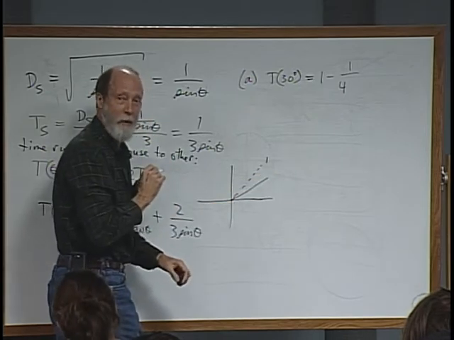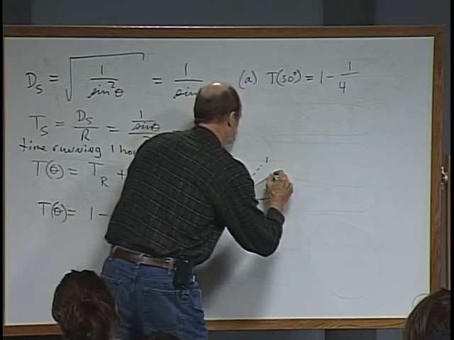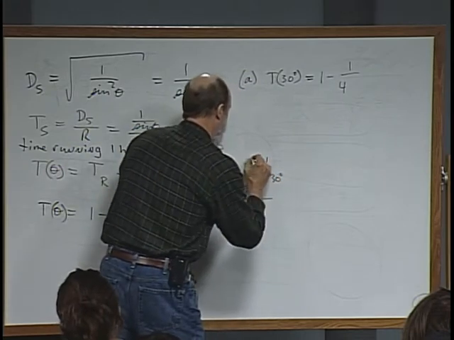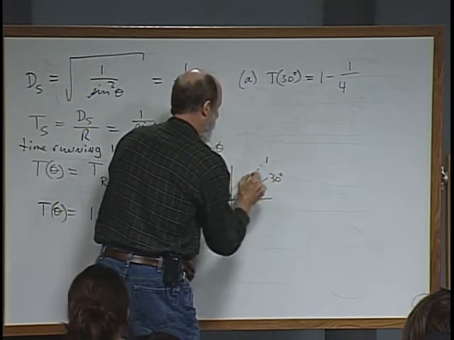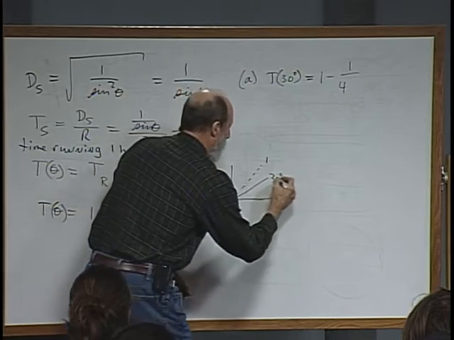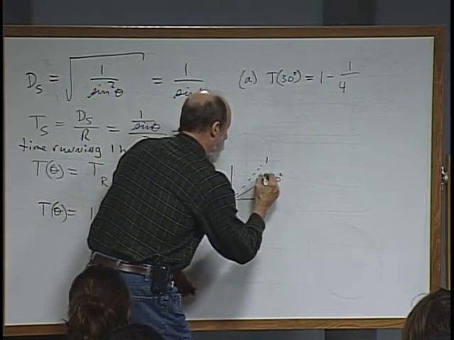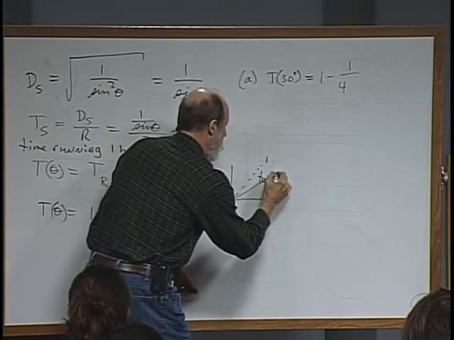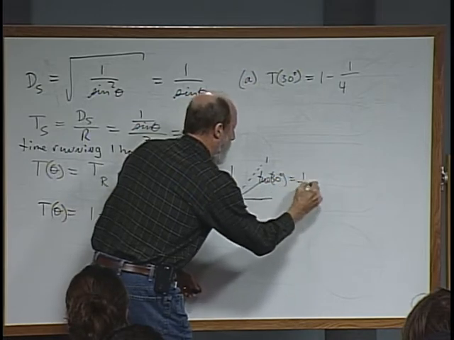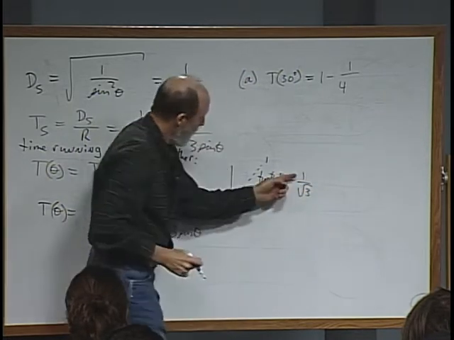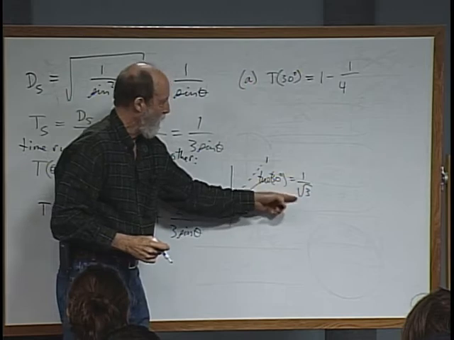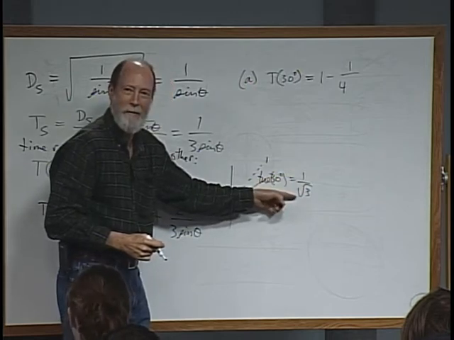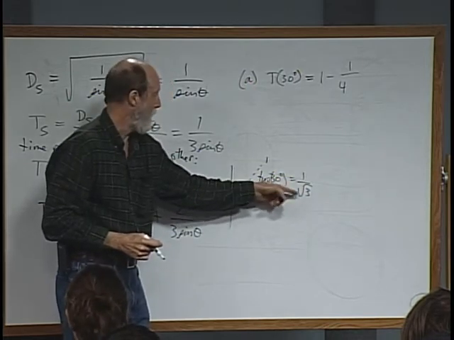It's easy at 30 degrees for you to remember it. At 30 degrees, the tangent of 30 degrees is 1 over the square root of 3. That is smaller than 1, isn't it? That's not too hard to remember.